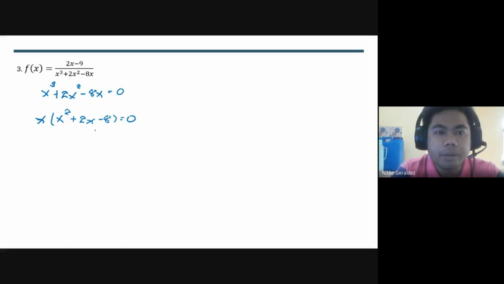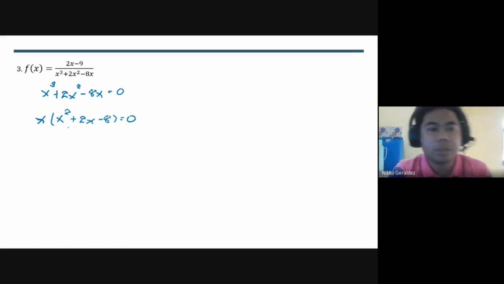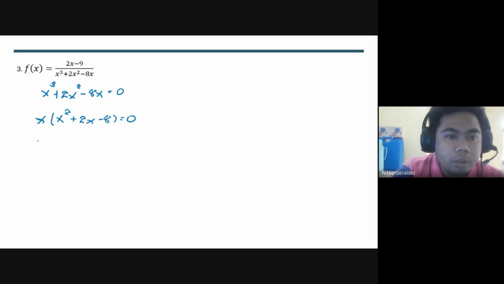No? So meron tayong quadratic. No? So kunin natin yung roots. No? So x times, so factoring. So we have x equal to 0. So factor natin ito.